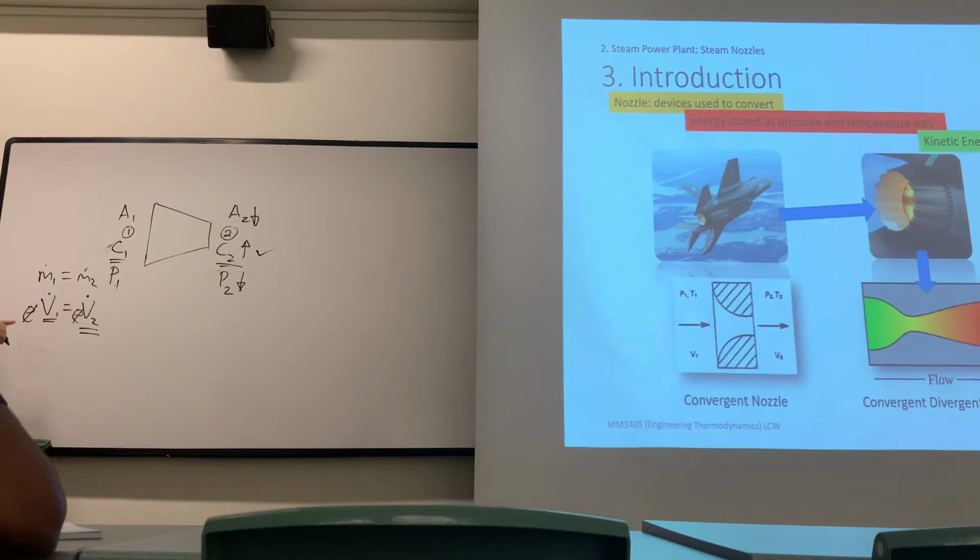Now, area times your velocity. Area times velocity gives you what? Area times velocity gives you volume flow rate. Understand?